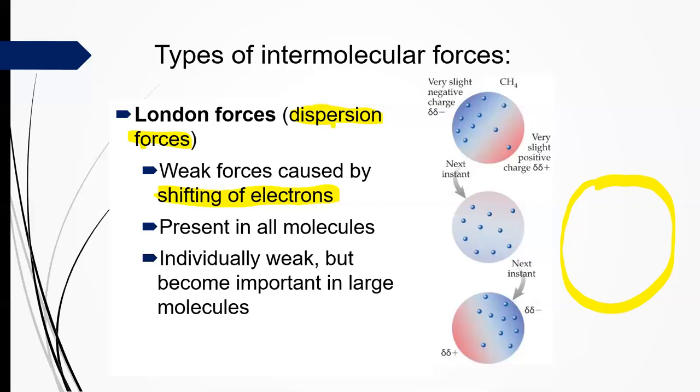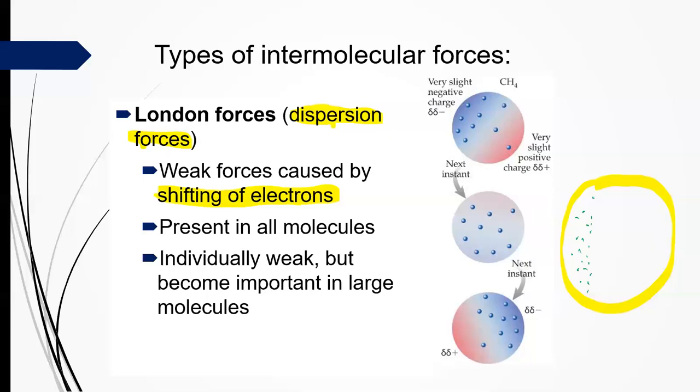If I have 100 electrons, it's unlikely that all 100 might be on the same side. But if it did get to that point, then we can now fit all 100 electrons onto one side, and that partial negative or partial positive would be a lot bigger compared to just one electron.